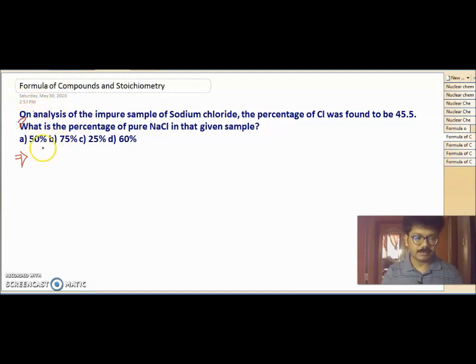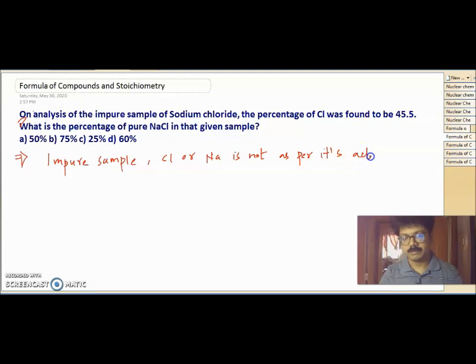What does an impure sample actually mean? It means that somewhere either chlorine or sodium is not as per its actual mass percentage; there is some other impurity. They say that in the impure sample the chlorine is found to have a percentage of 45.5.